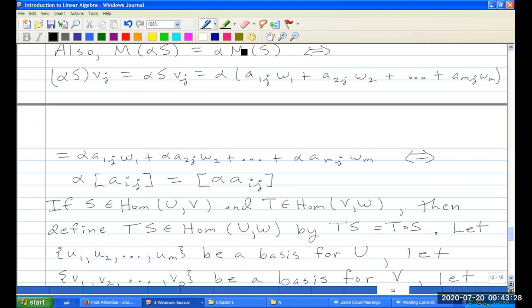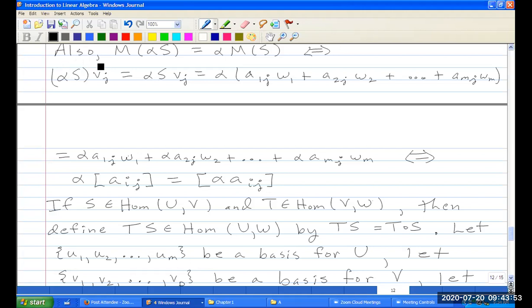So suppose I want the matrix of alpha S to be just alpha times the matrix of S. Well, the only way to do this is as follows. We're led to these definitions for matrices.